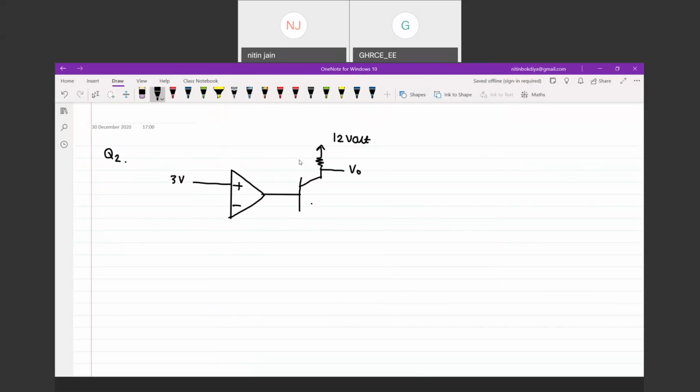And this is 2K. One collector, one emitter is there, and a 1 kilo ohm resistance is connected to the emitter terminal.